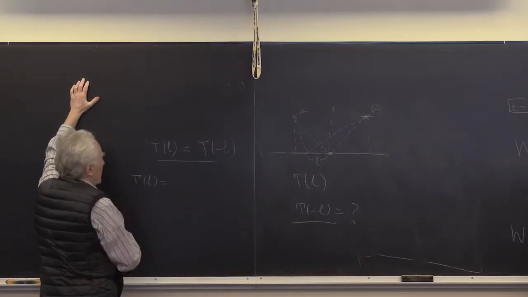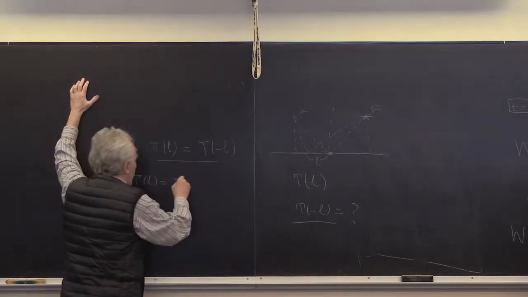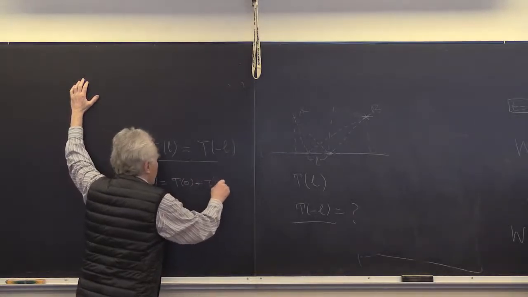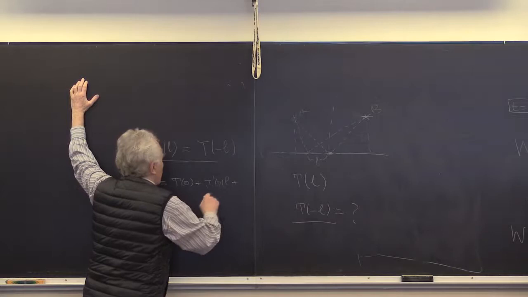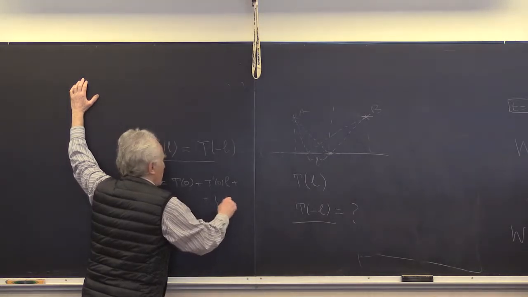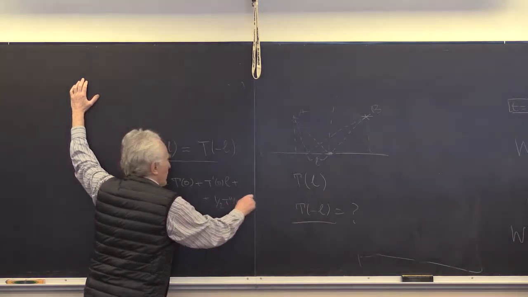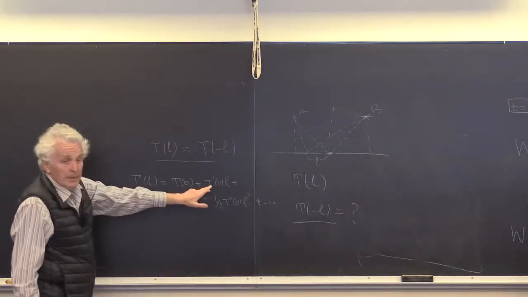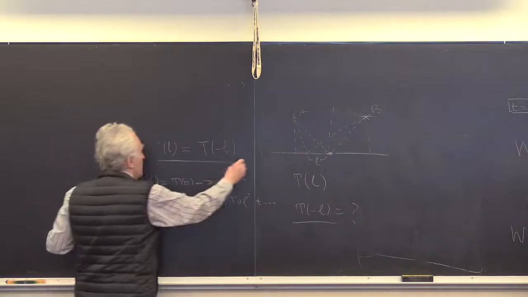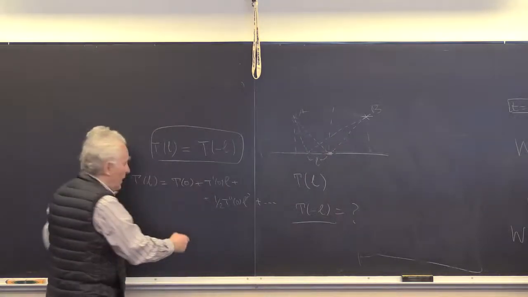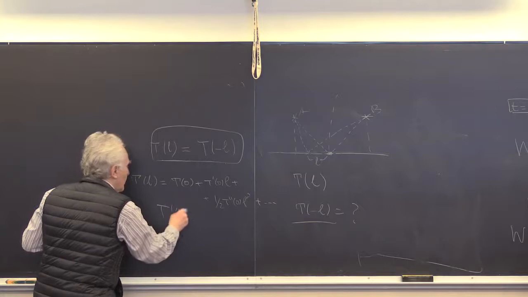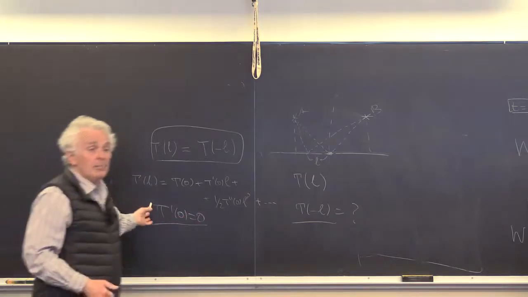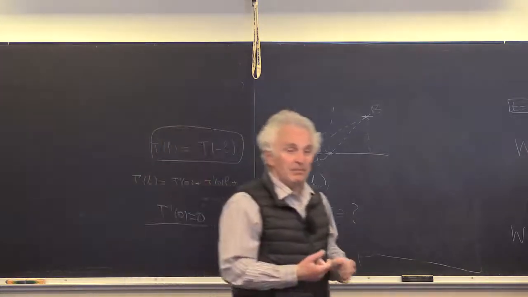Or you can simply write down for small L an expansion: T of 0 plus T prime 0 L plus 1/2 T double prime 0 L squared plus etc. And now you conclude immediately that because it must be an even function of L, T prime at 0 is 0. But that's precisely the condition for the extremum.